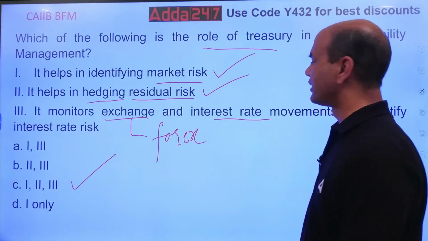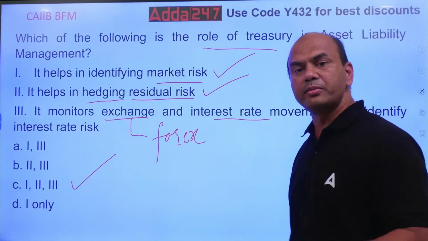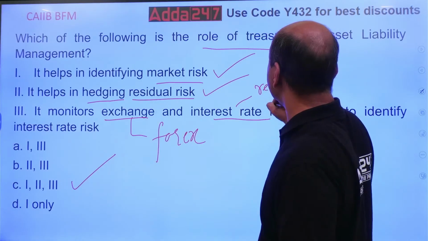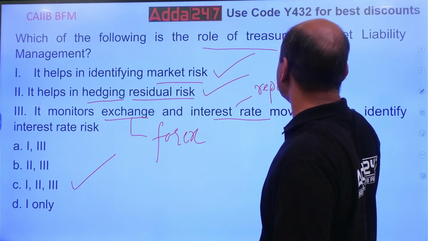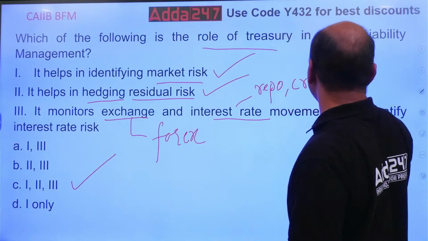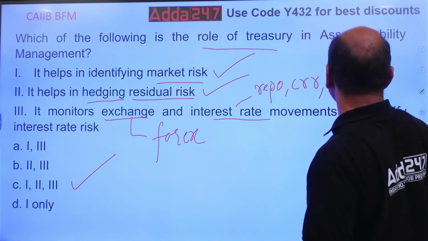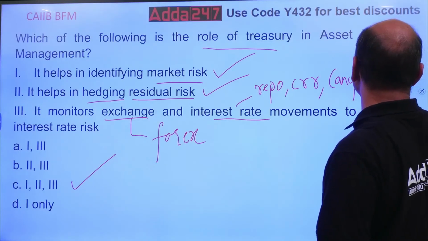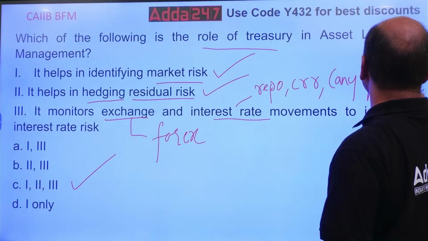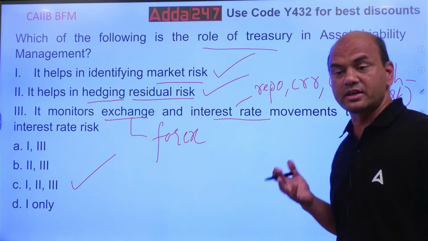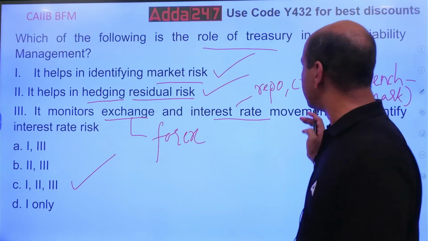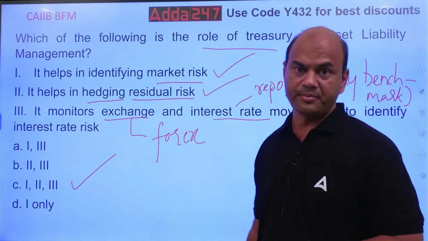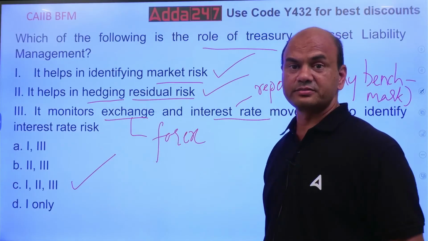Interest rate movement means what? What type of interest rate? This relates to your repo rate, your CRR or any benchmark rate. Any benchmark means it can be related to forex. If you are dealing in forex, then the benchmark is not CRR or repo; nowadays it is ARR, alternative reference rate.